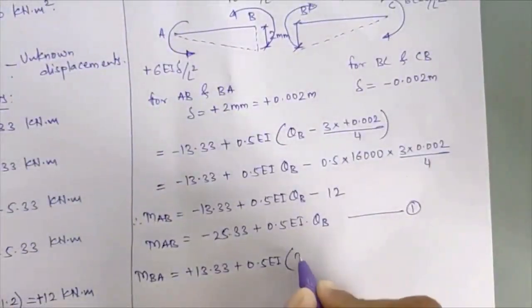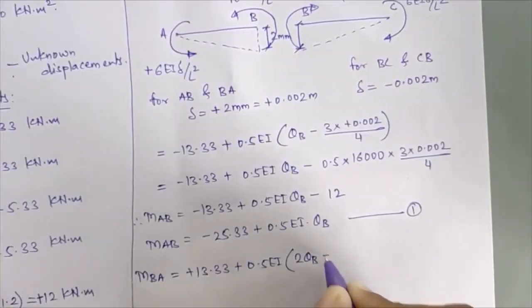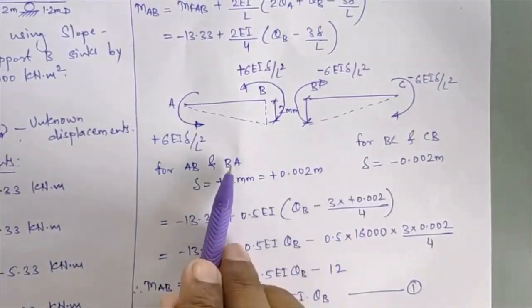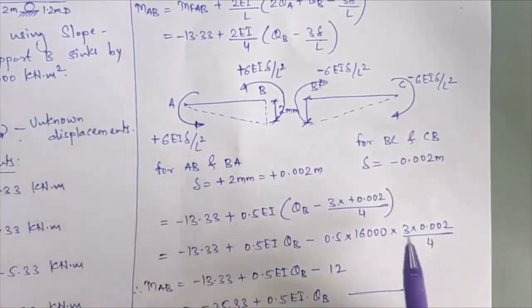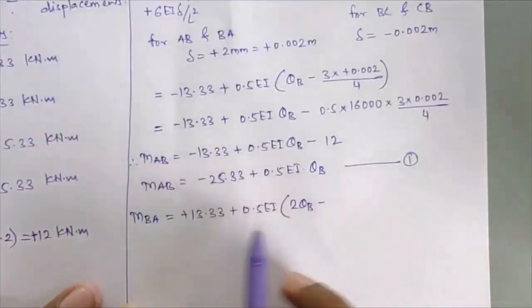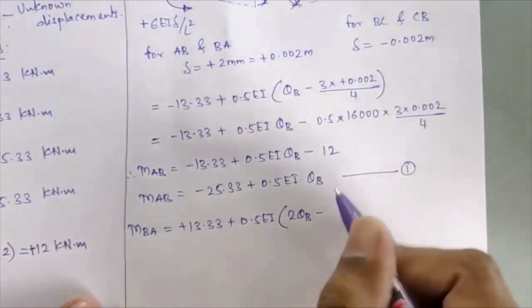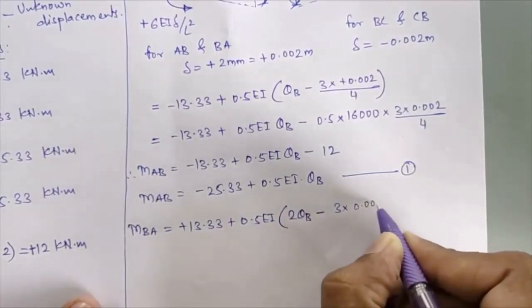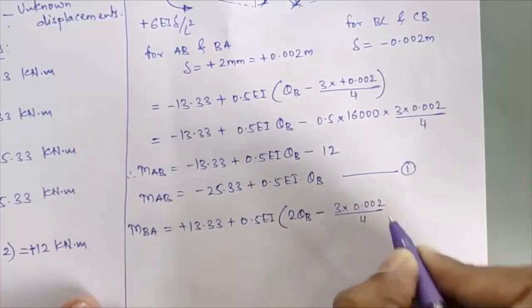So what will remain here? 2 times theta B minus 3 delta upon L. Now 3 delta upon L, for the BA member also you have to take this as positive. So whatever value you have got, that is equal to 12, that will remain the same for your member BA also. So I'll write that over here, that is minus 3 into 0.002 divided by 4.